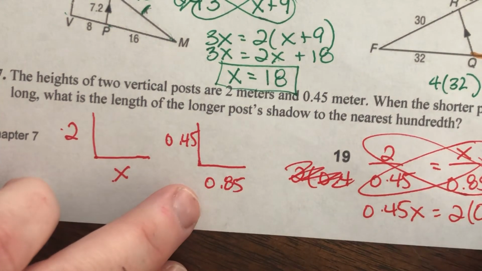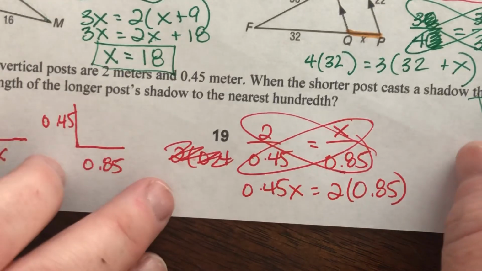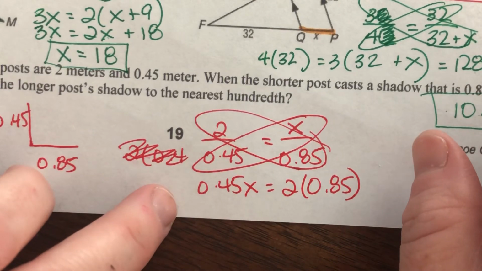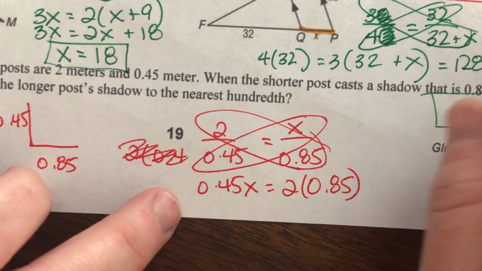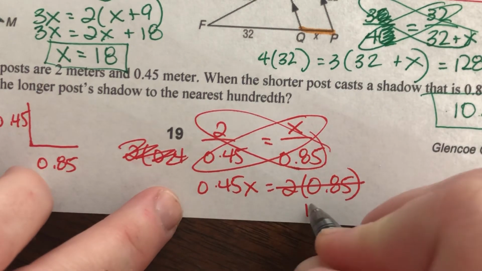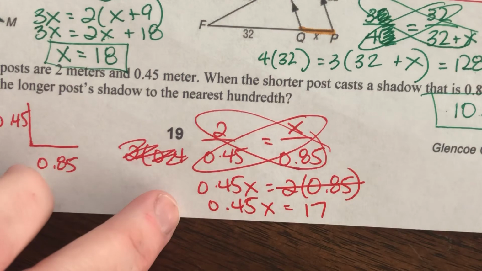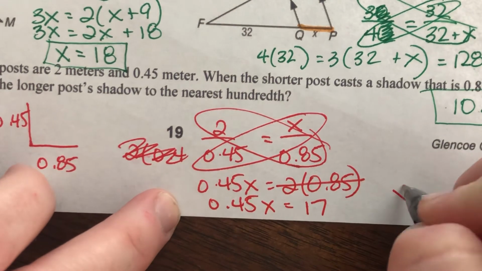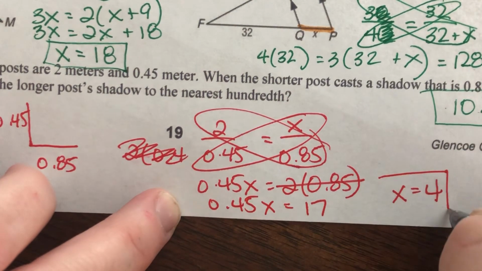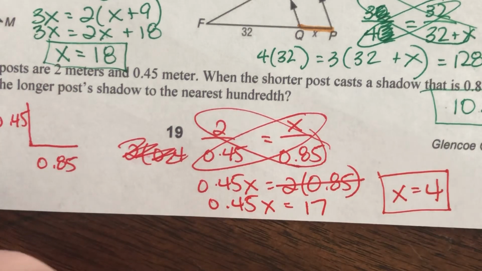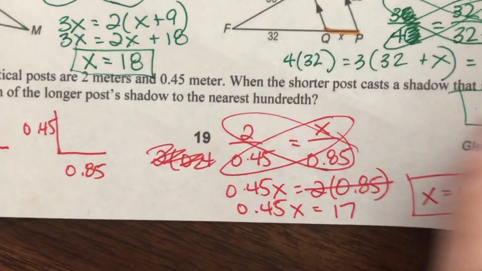And then when you multiply this and you divide by 0.45, this becomes 17. And 17 divided by 0.45 equals 4. So the shadow cast by the 2 meter tall pole is 4 meters.